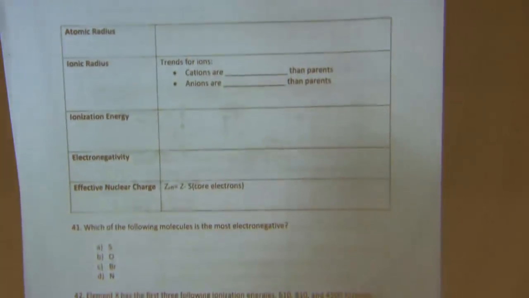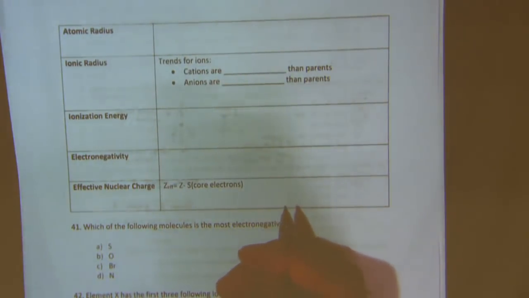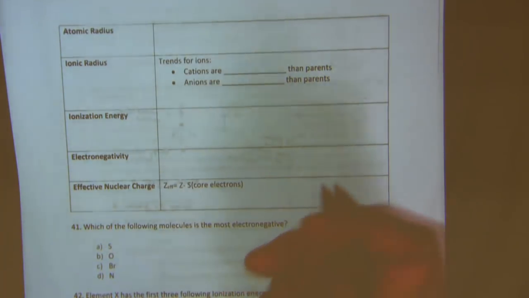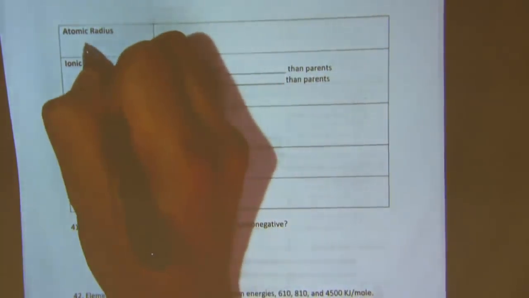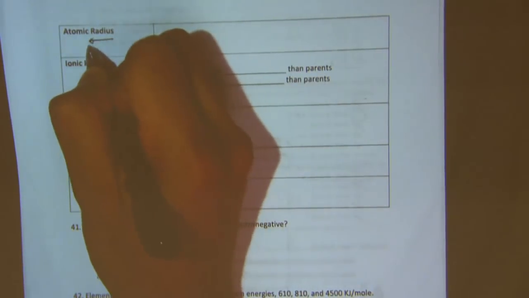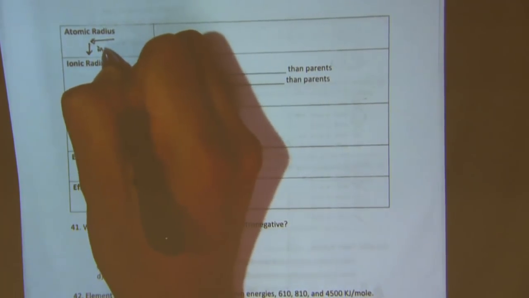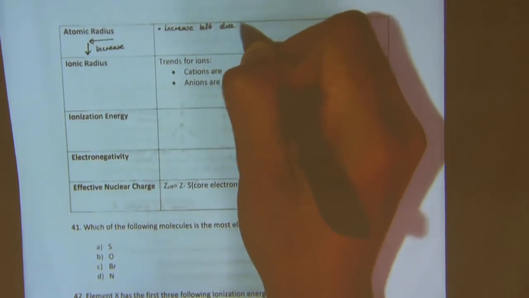So moving on to the next page. We have atomic radius. Atomic radius and ionic radius are a couple of the weird ones in that they don't follow the other ones. So atomic radius increases as we go to the left and as we go down. It increases to the left due to nuclear charge.